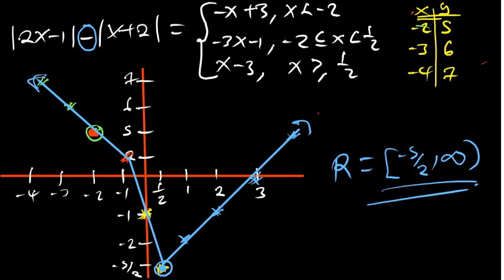Because it is not jumping. We can clearly see that there is another one which was just open, but another one came in and it was included. It is not jumping, and that's the reason why we have said that the domain is all real numbers.